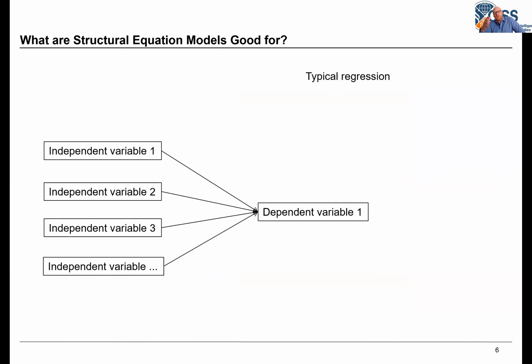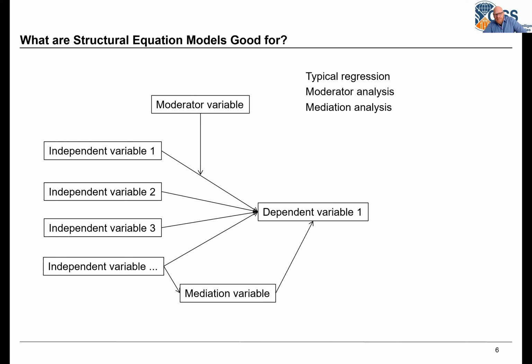When you look here, you have an independent variable and a dependent variable. This is the typical situation in a regression analysis. You can easily include a moderator variable in the regression analysis, and you can handle that very easily. It becomes not so easy, but you can still do it, when you include a mediation variable.